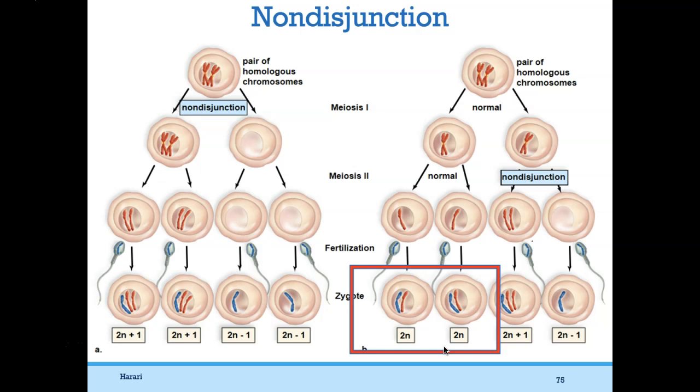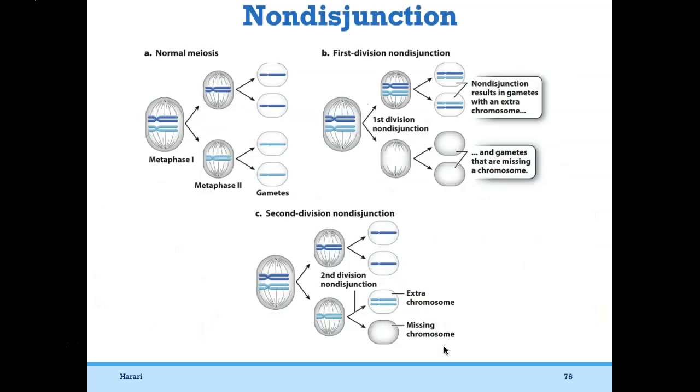So like having extra information is better than not having enough information. And we'll talk a little bit more about human conditions after the slide. I just wanted to show you another way to look at it with colored chromosomes, how the gametes should arrange and what happens in a primary non-disjunction versus a secondary non-disjunction.